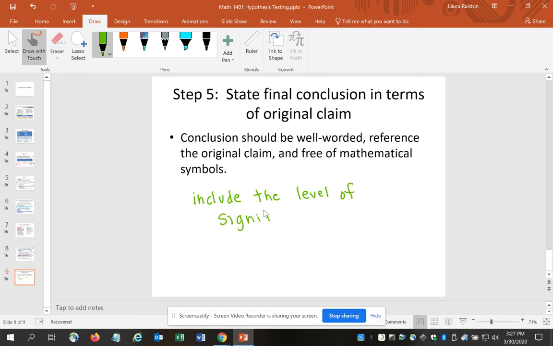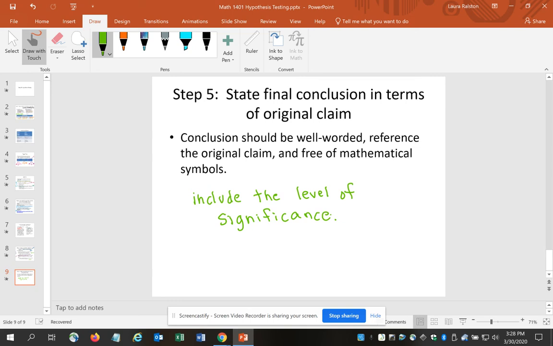But you want to put it back in terms of the context of the problem, and not use a bunch of math symbols, because somebody who walks in off the street is probably not going to be familiar with those symbols. So you want to put it back into a good old basic everyday English sentence.